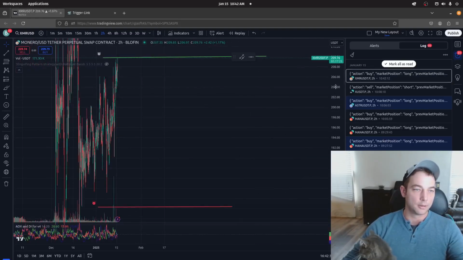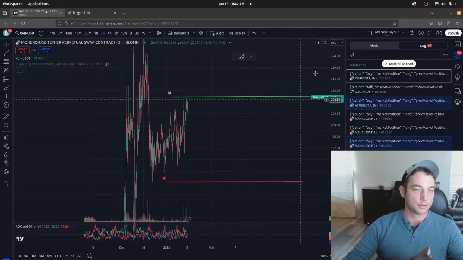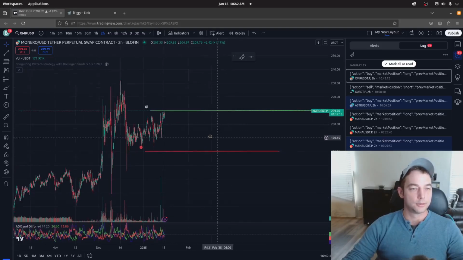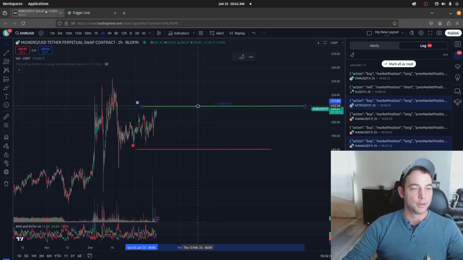Moving on. That now just came up and tagged this long line here. And again, if you're not familiar with my system, these straight green lines are technically a market order, but set on a trend line, in this case a horizontal line.